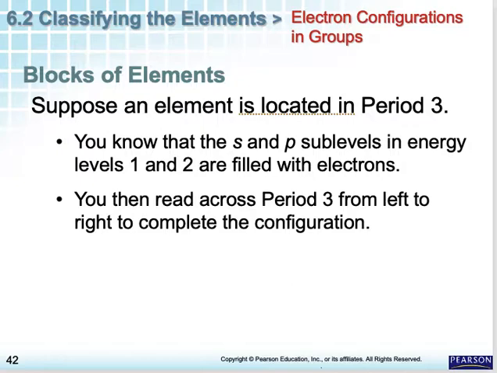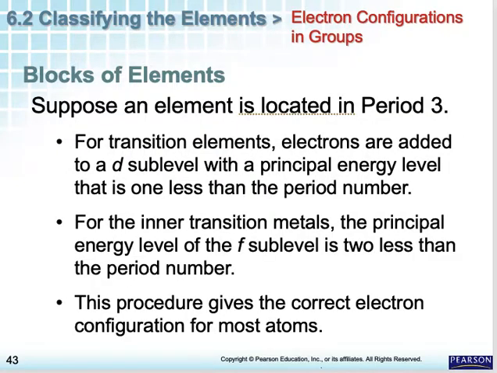I could say it's in the third row of the periodic table and it has 4 electrons. You would go down to the third row, go across 4 elements, and you would find that that would be silicon.